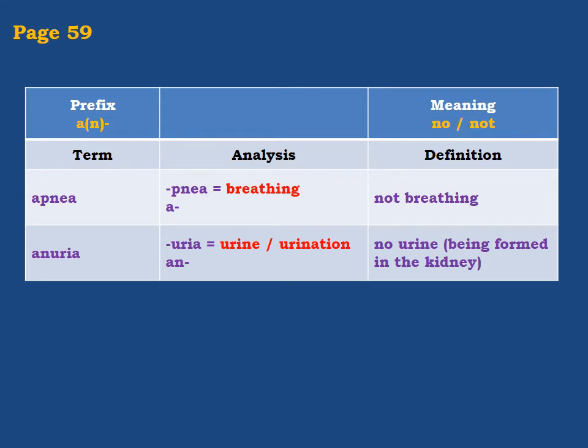Now let's start with the first prefix. As you can see here on page 59, we have a, and then between brackets we have n, followed by a hyphen. Now, what does this mean here? You remember in English we studied the articles the, a, and an. We said that a and an are indefinite articles, but we use them in different places.